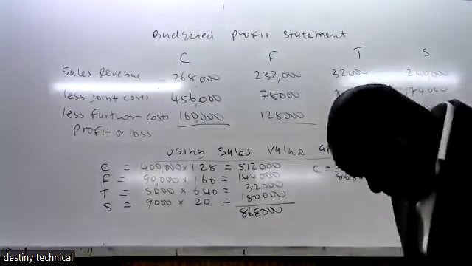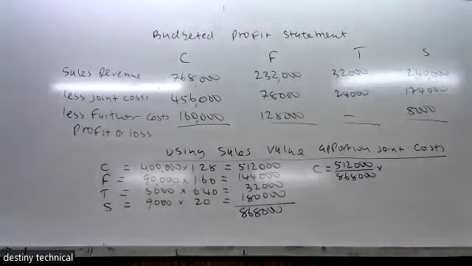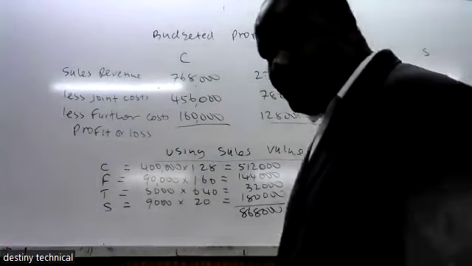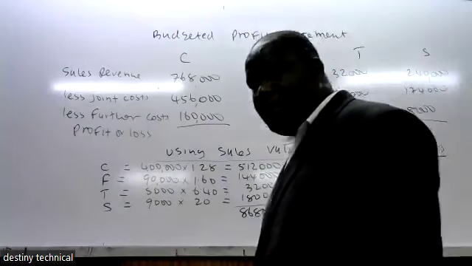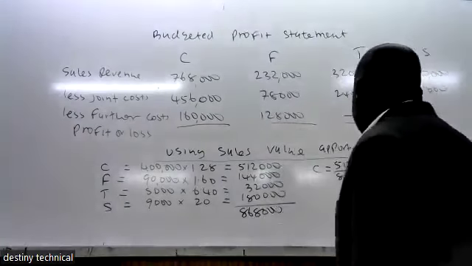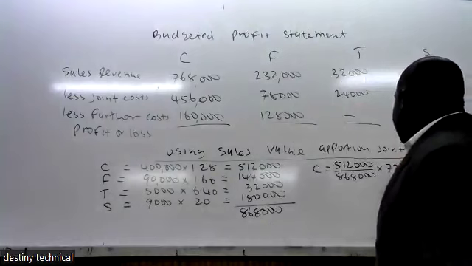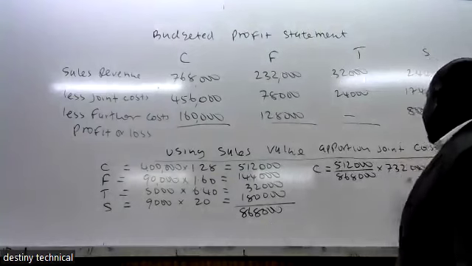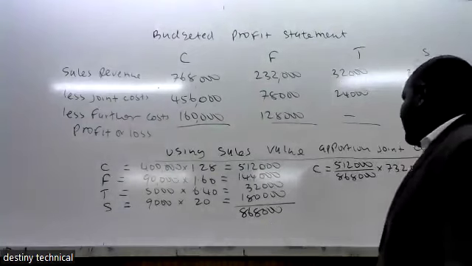Just remind me what was the total joint cost. Total joint cost was 732. So get the value for that.